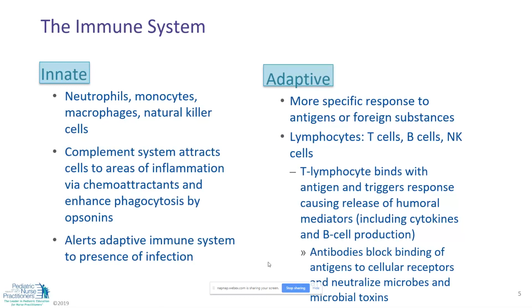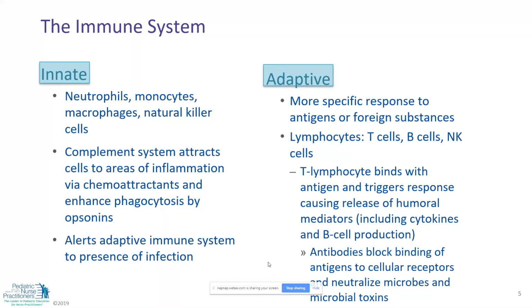Remember that in order for phagocytosis to happen, you need to have neutrophils and macrophages. Those are the cells that conduct phagocytosis. We also have a complement system, and that helps attract cells to areas of inflammation and enhance that phagocytosis. And then it's our innate immune system that alerts our adaptive immune system to the presence of infection.